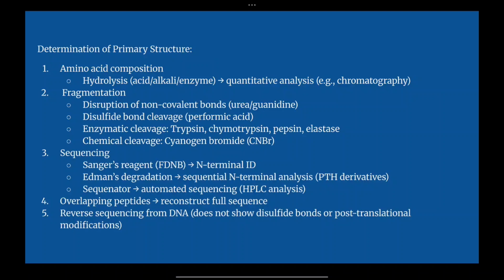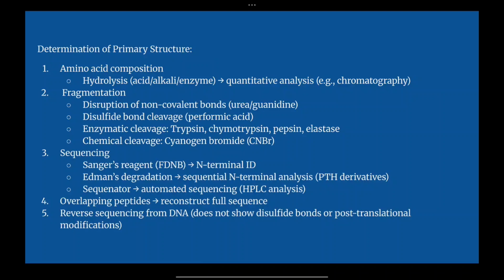There are various methods. One such method is Sanger's reagent, FDNB. Here, the N-terminal is determined using Sanger's reagent, which is used to determine which type of amino acid is present at the N-terminal. Edman degradation is also a method to sequence, with N-terminal analysis using PTH derivatives.